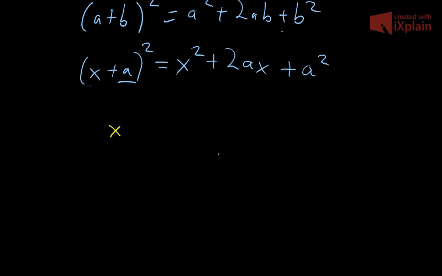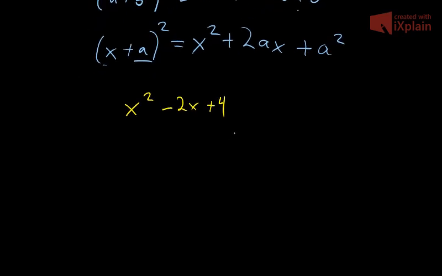If I have x squared minus 2x plus 4, is this a perfect square? Well, looking at this, I know that I would have to be able to multiply something by 2 to get to negative 2 and square it to get to 4.